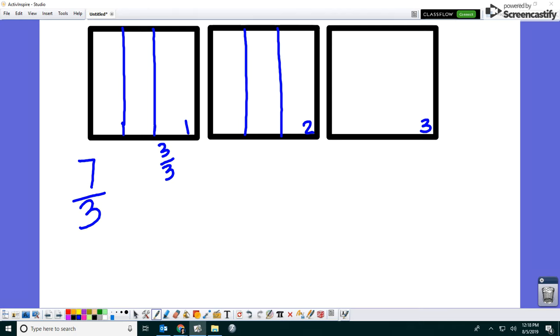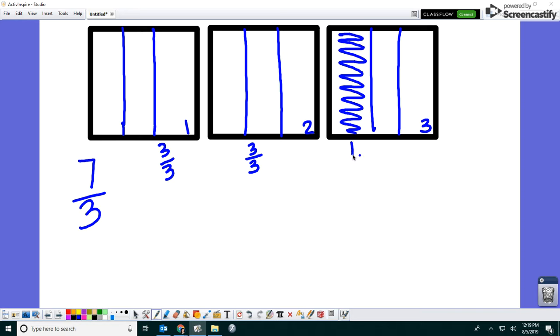And then if I add 3 more, that's going to be 6 total thirds. And then I just need 1 more to get to 7 thirds. So here I have 3 plus 3 plus 1 equals 7 thirds.